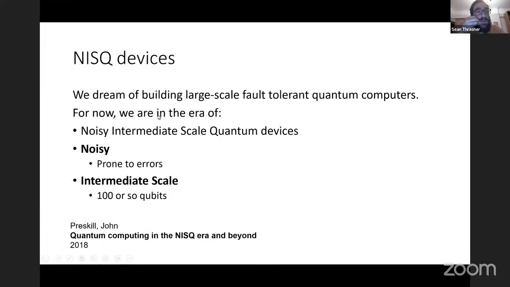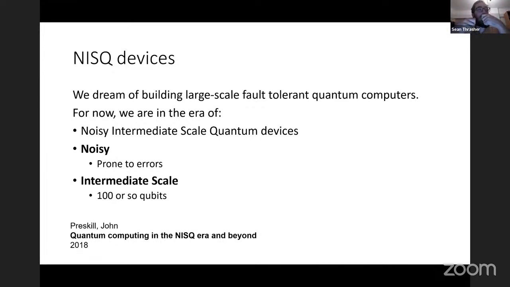There is also this term that's used a lot in the field: NISQ devices. It was first coined by John Preskill. The idea is that we are quite a long way away from building large-scale quantum devices that are fault-tolerant, because qubits are highly prone to errors. They need to be kept isolated, but at the same time, you need to be able to control them from the outside somehow.